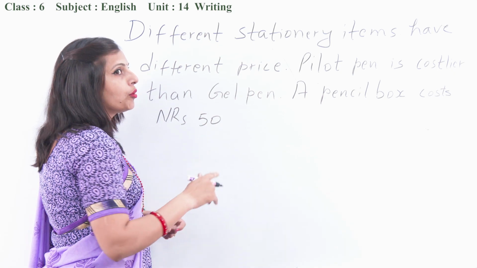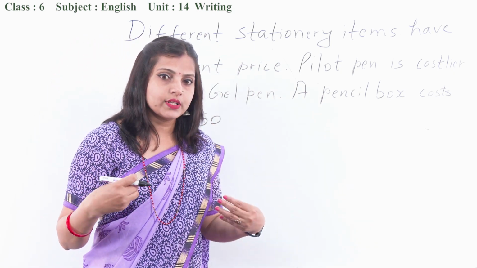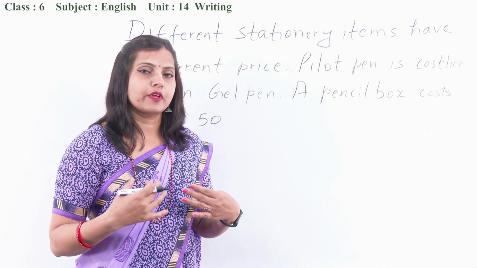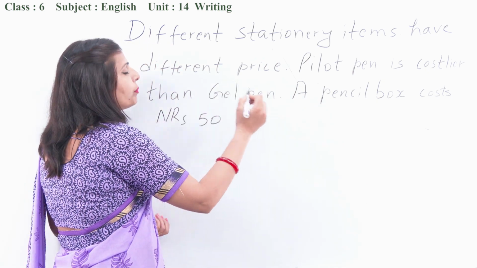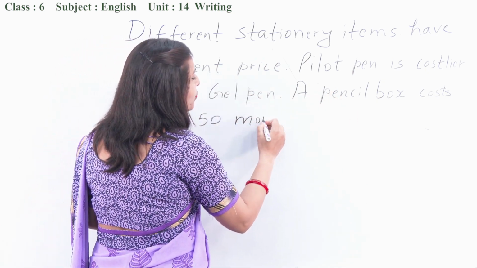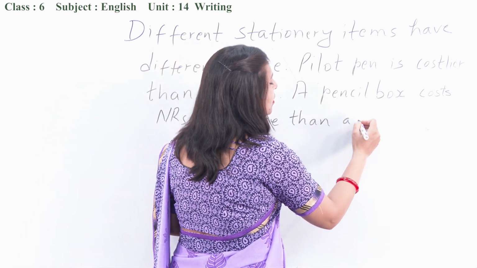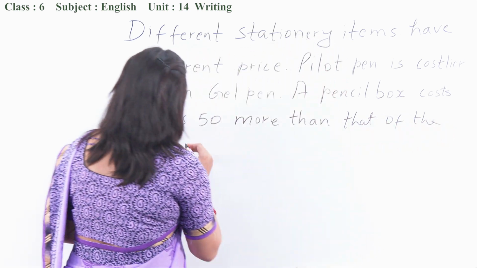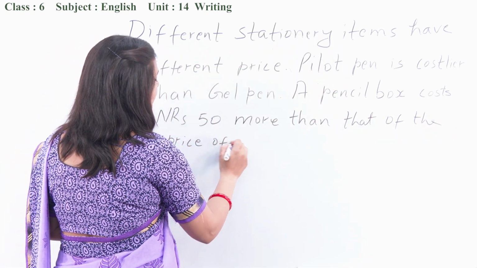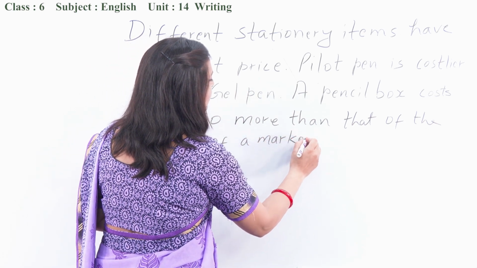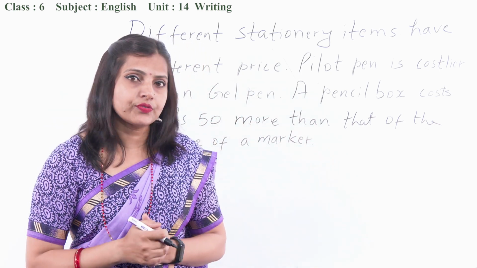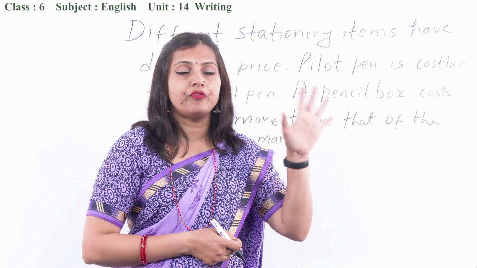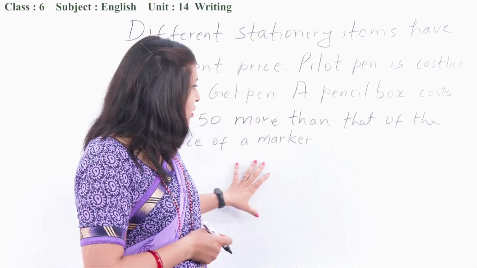NRS 50 more than that of the price of a marker. Or you can say marker costs NRS 50 less than. You have to make comparison. Marker costs NRS 50, a pencil box costs NRS 100. So pencil box is 50 rupees more expensive than marker.